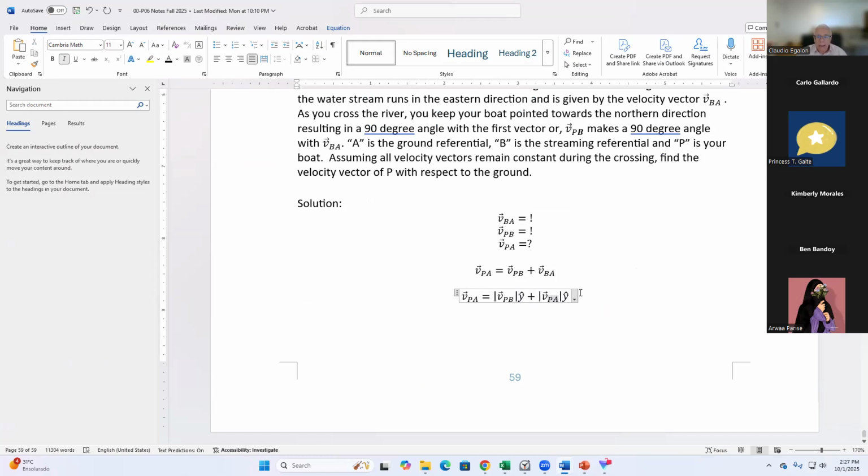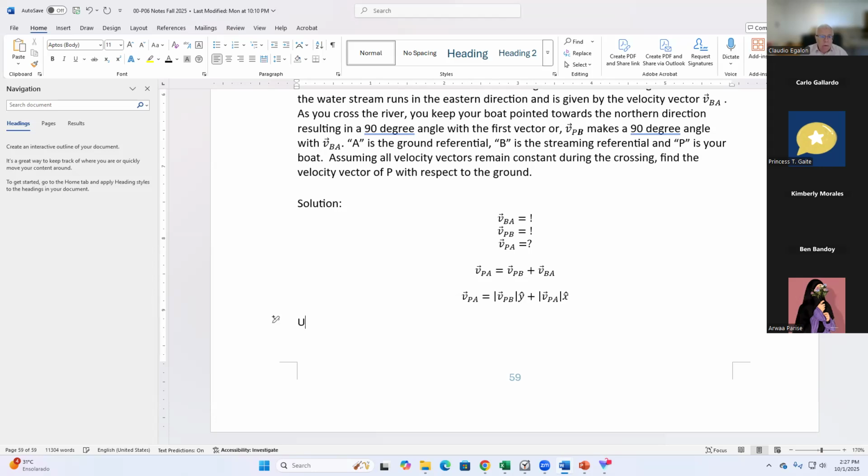PA x hat direction. Both are positive, in the positive x hat and y hat direction. Okay? And now we can start using some numerical examples, right?